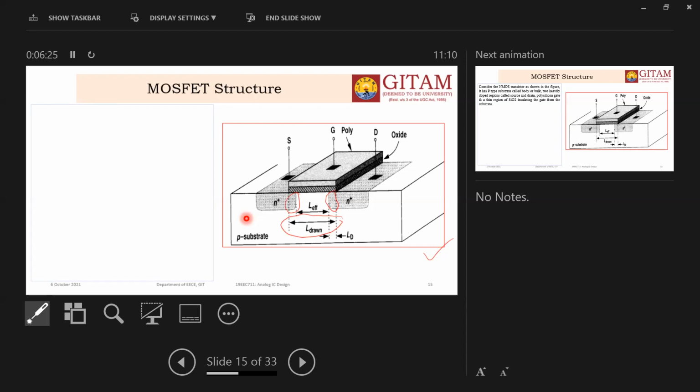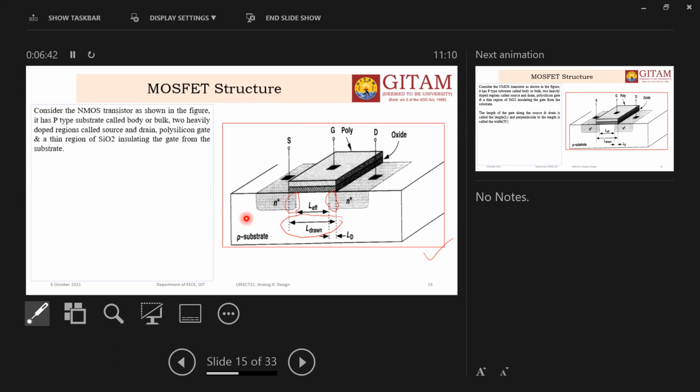After fabrication of the IC, the length of the channel is definitely less than the actual length of the gate. So L effective is less than or equal to L drawn minus 2LD.